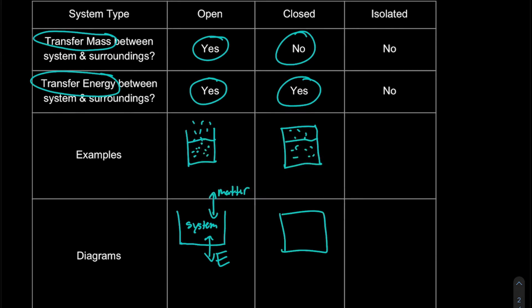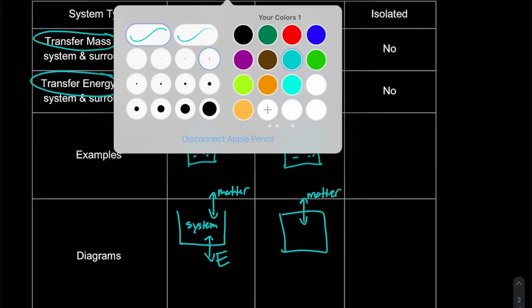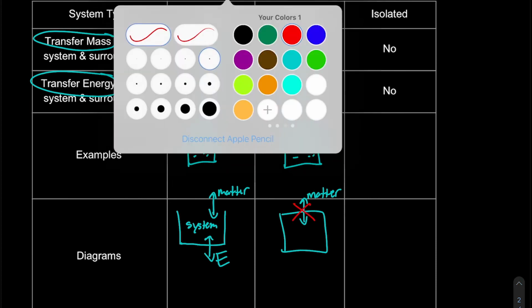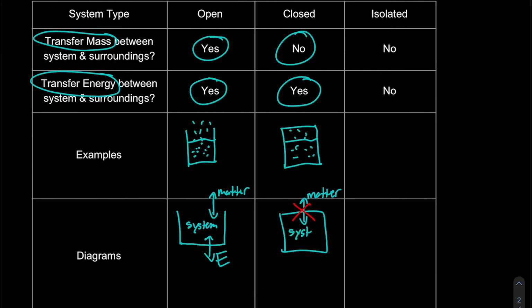So now, as we're looking at this, matter does not have the ability to go in and out because now we have this sealed container. Whereas between our system and surroundings, we still have the ability for energy to go in and out. So we notice that we basically have sealed it.